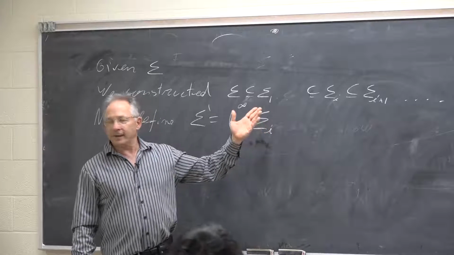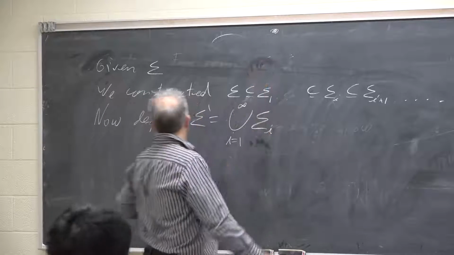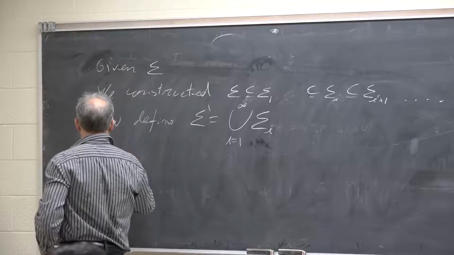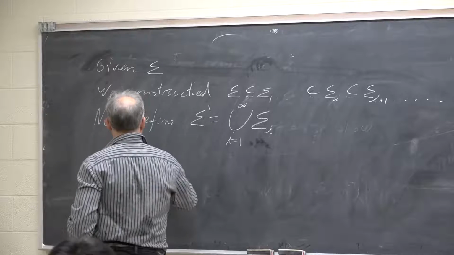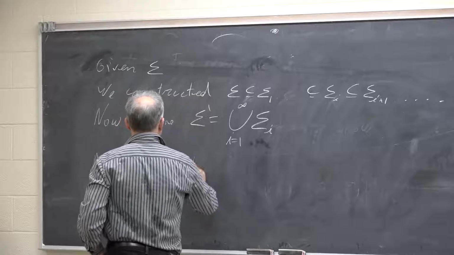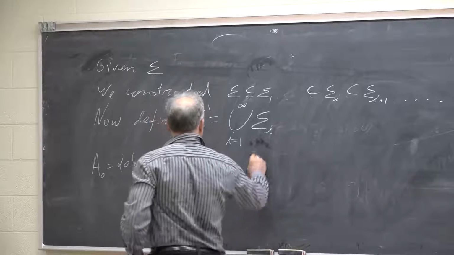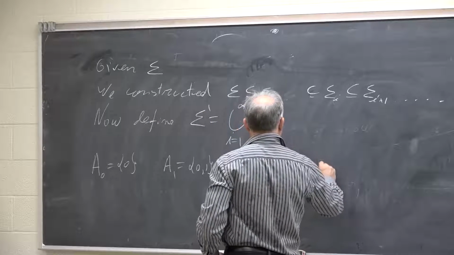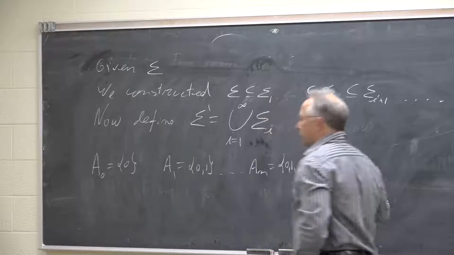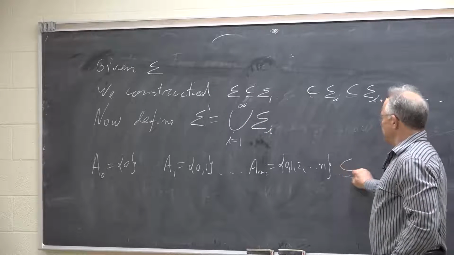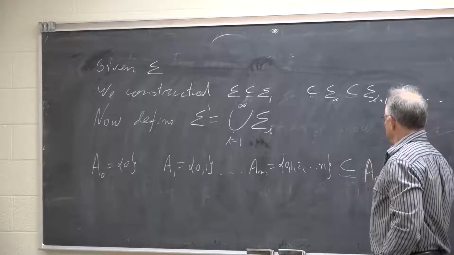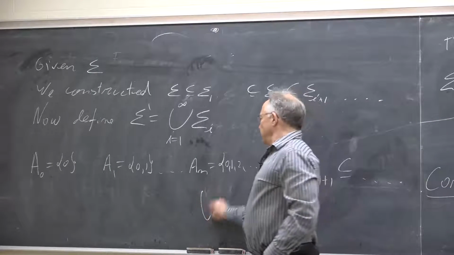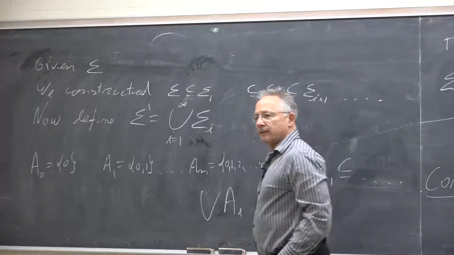Think of it as this example. Think that your A0 is just 0, and A1 is 0, 1, and AN is 0, 1, 2, up to n, and so on. So we have this property that AN is a subset of AN plus 1, and so on. Right? What is the union of all of those AIs?